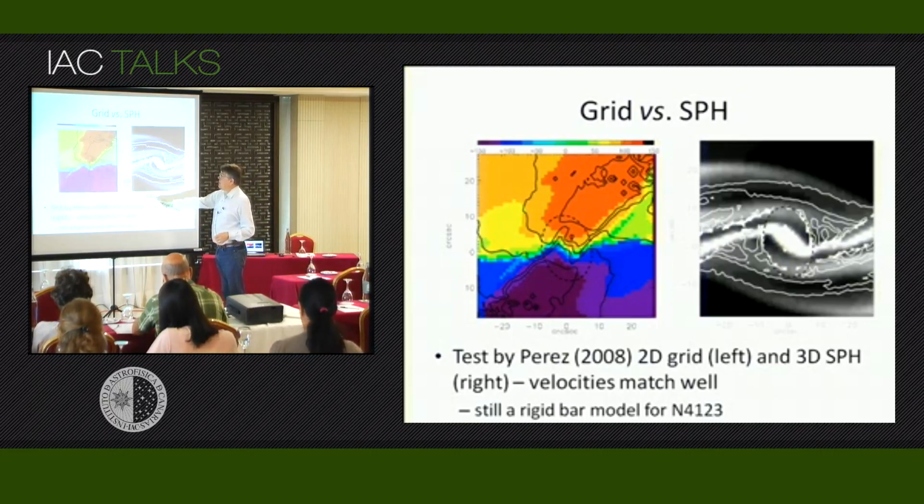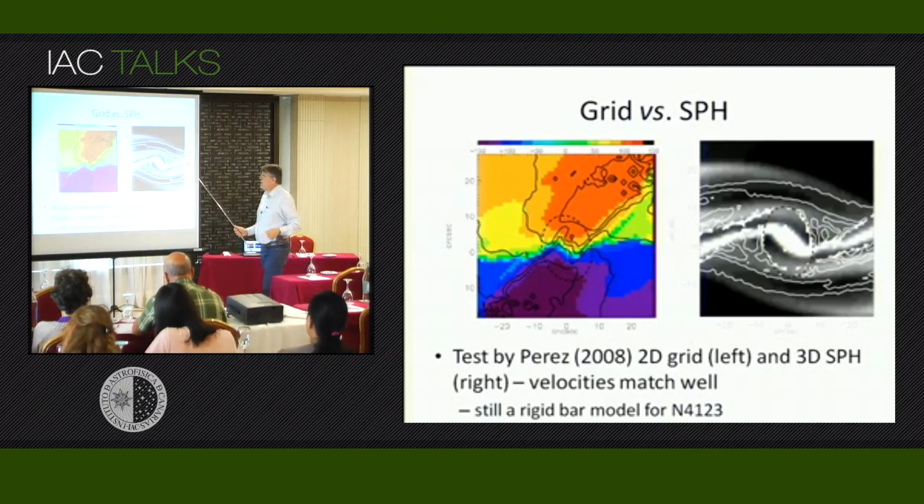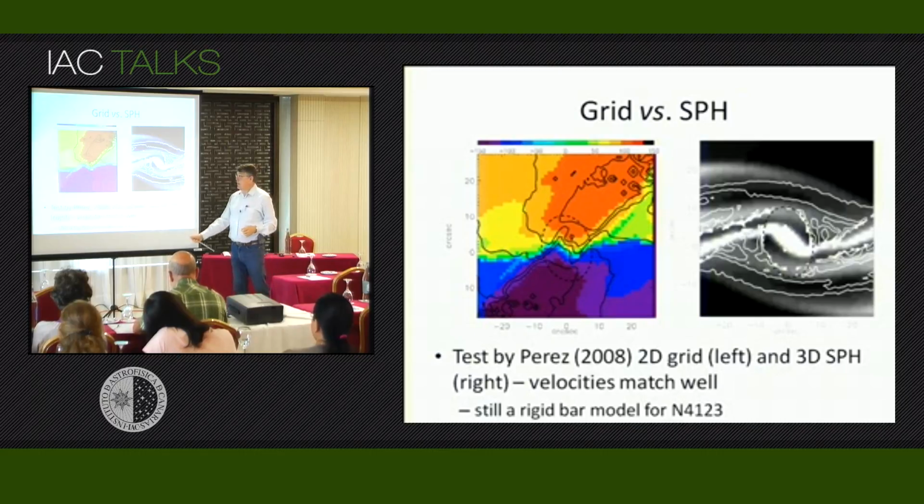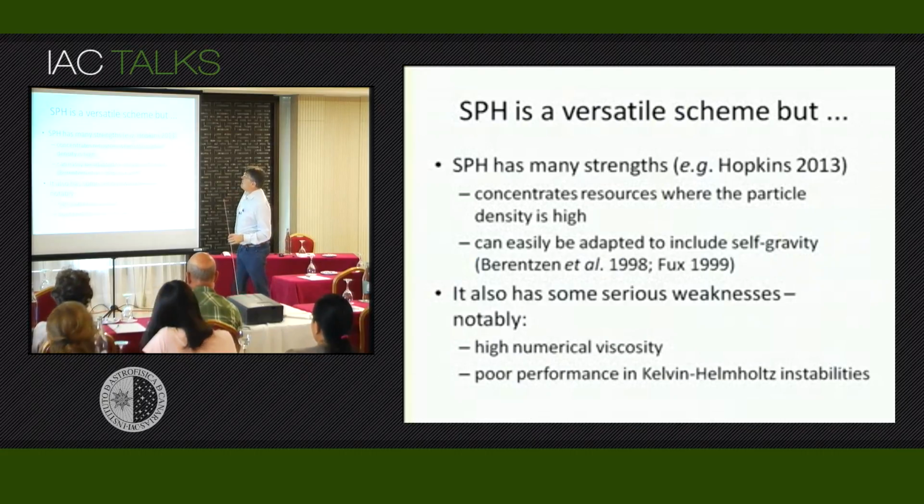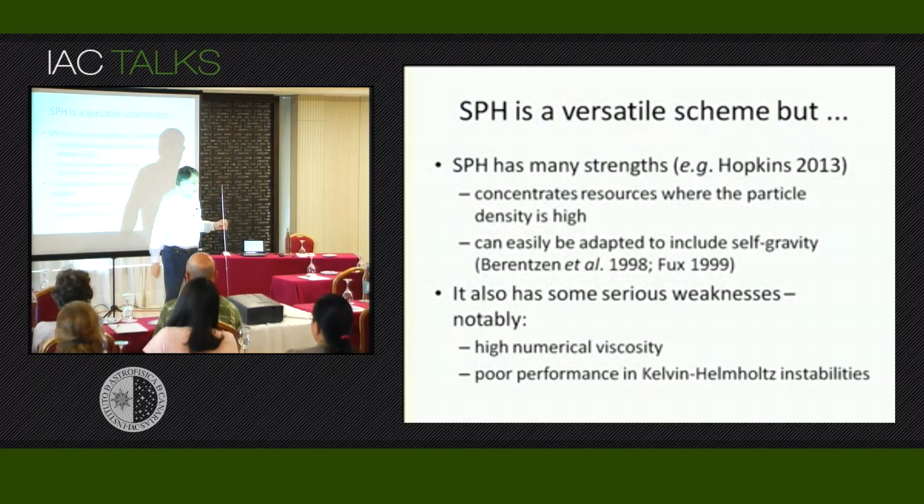She compared the gas flows for a model galaxy of NGC 4123, which Ben Weiner did for his PhD thesis, and that we computed using a Godunov method in 2 dimensions. Then Isabel computed the same flow in 3 dimensions using smooth particle hydrodynamics, and in this paper she just studied the velocity field that she got from the 2 different methods and showed that there was pretty good agreement.